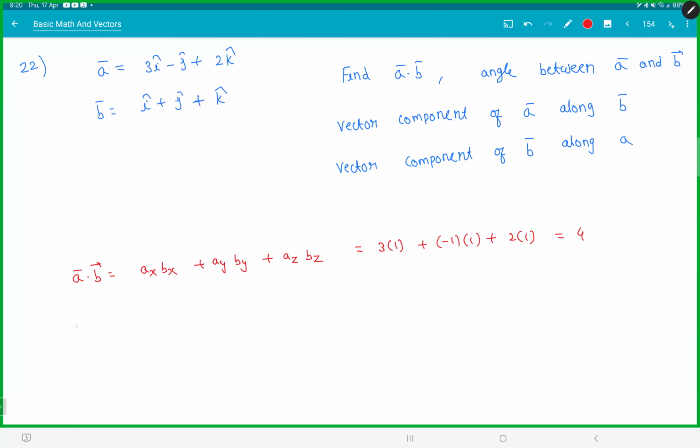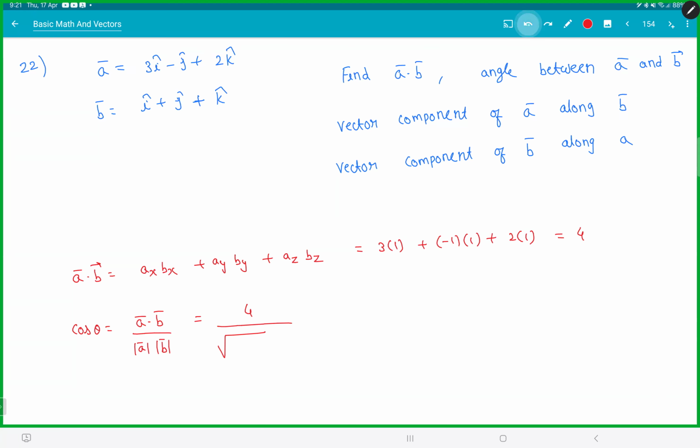Next, you want to find the angle between the vectors? Cos theta is a bar dot b bar by mod a bar mod b bar. That is the formula, right? A dot b is mod a mod b cos theta. A dot b is 4, just now we proved. What is mod a bar? Root over, how to find the magnitude of a vector? Coefficient squares.